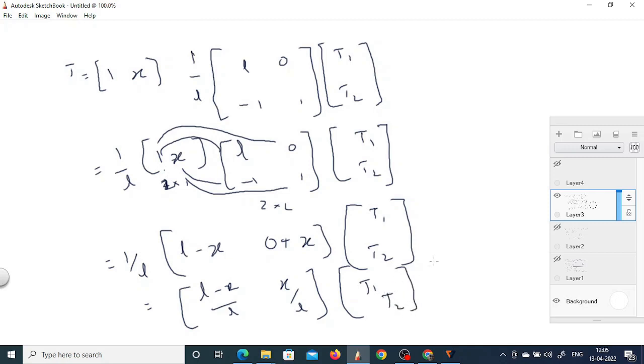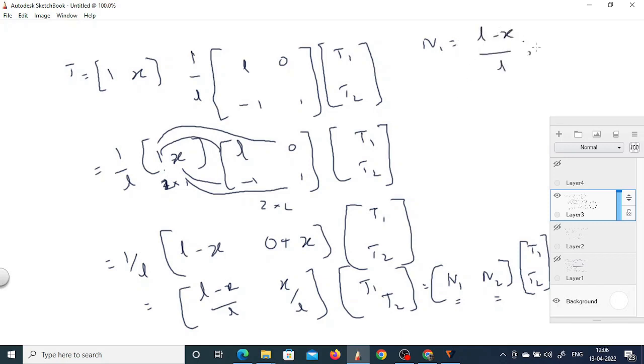Likewise I can write. Now I can simplify this form into N1 N2 into T1 T2. So now N1 and N2 are the shape functions. So what is N1? N1 is equal to L minus x by L.